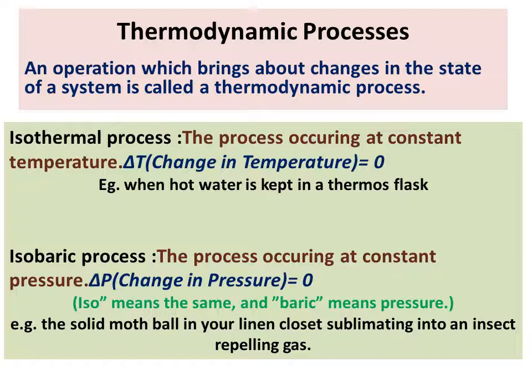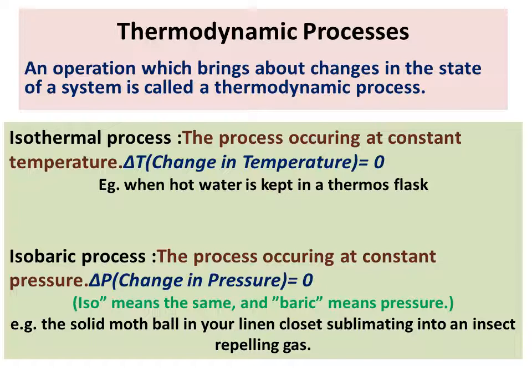So there is no exchange of heat. That's why that water remains at the temperature at which you have kept it inside. So it is an example for isothermal process.